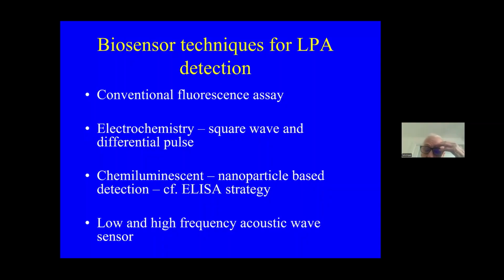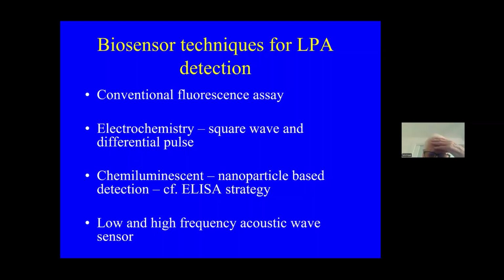In our work, which is what I want to spend the rest of the time concentrating on, we are developing a number of different, shall we say, physics to look at detecting this molecule. We developed 3 or 4 years ago a conventional fluorescence microscope, which I'll describe in brief in a minute. We also concentrated on a very good grant from our government on electrochemical methods using square wave and differential pulse voltammetry, which I'll get to.